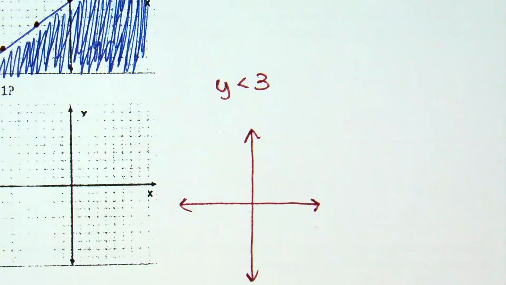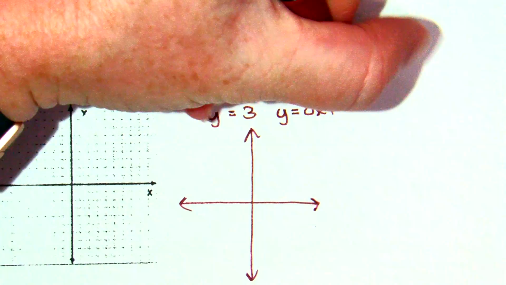Now, I don't know what type of person you are. If you like that y equals 0x plus 3, okay, that means there's a y-intercept of 3, a slope of 0. The other thing, if you are an XY chart person, think of it. All my y's are what? 3. So I can say 0, 3, 1, 3, 2, 3.